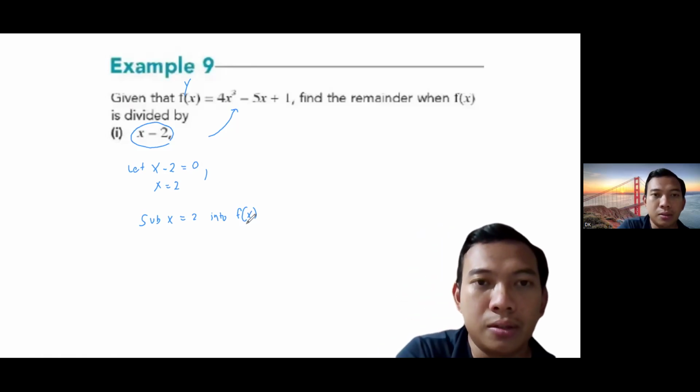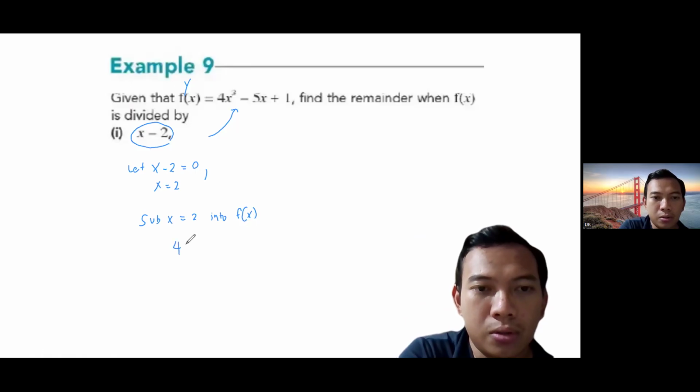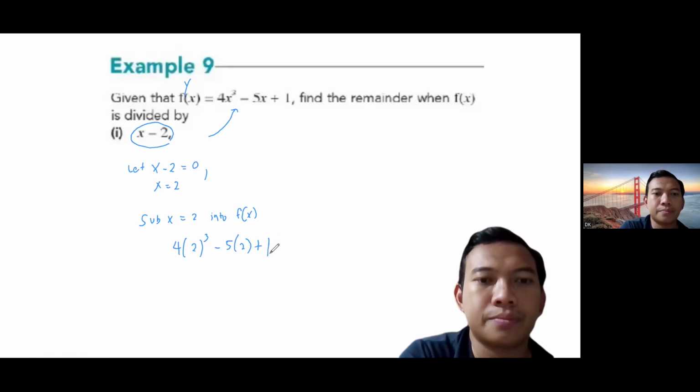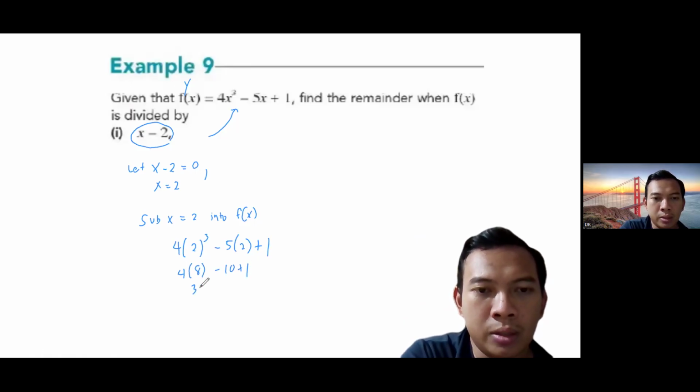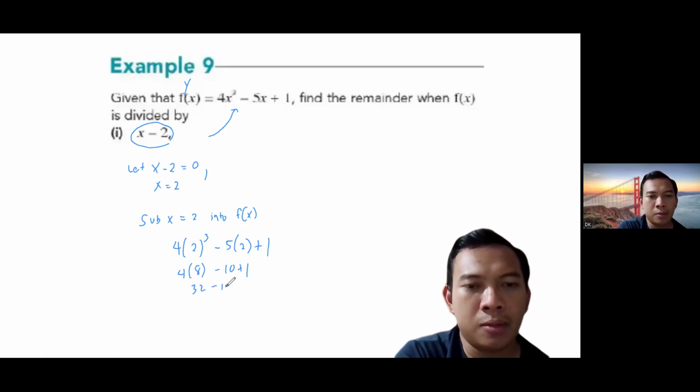So let's see. 4 times 2 cubed, minus 5 times 2, plus 1. So 4 times 8 is 32, minus 10 plus 1.